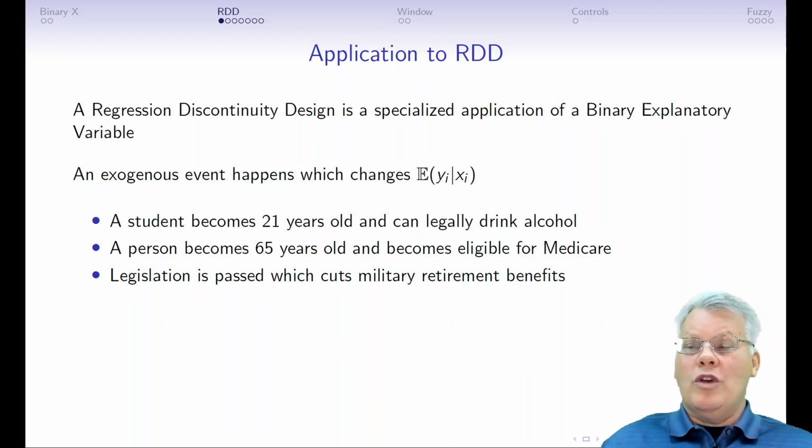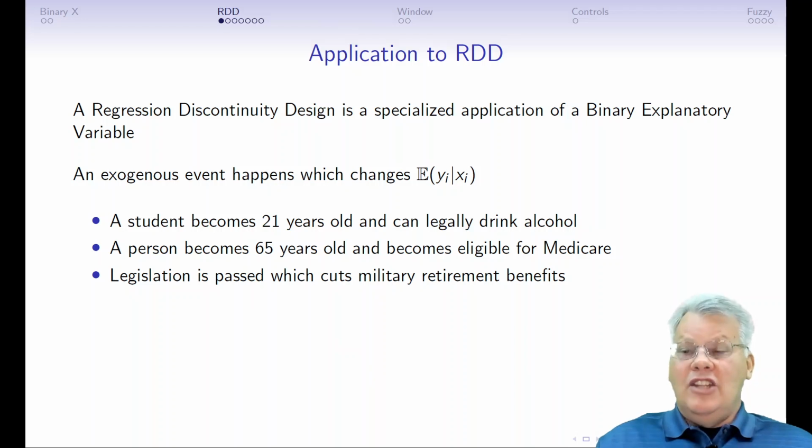There's nothing that you can do to manipulate your 21st birthday to make it come sooner or later. So it is an honest-to-goodness exogenous event, and in this case, I would argue that turning 21 and having legal access to alcohol did change the expected average GPA of the cadets whose data we had.